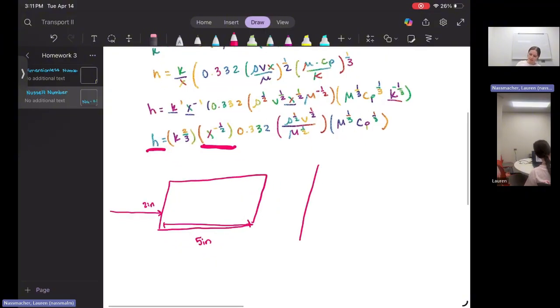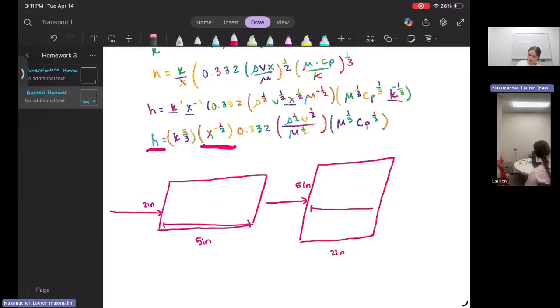If we were to orient the plate on its long edge and allow the flow to go on the long edge of the plate, so this is 5 inches and this is 2 inches, now the flow only reaches a depth of 2 inches. So our heat transfer coefficient is going to be the maximum when we're looking at the plate on the long edge, where the flow is hitting the long edge.